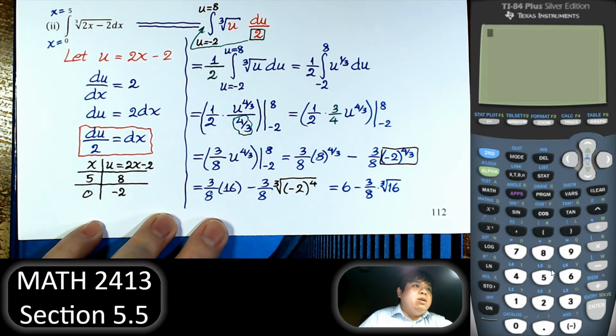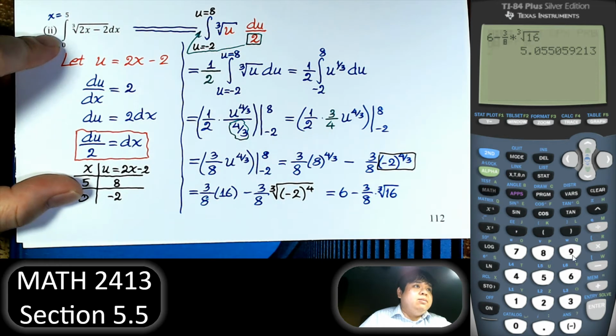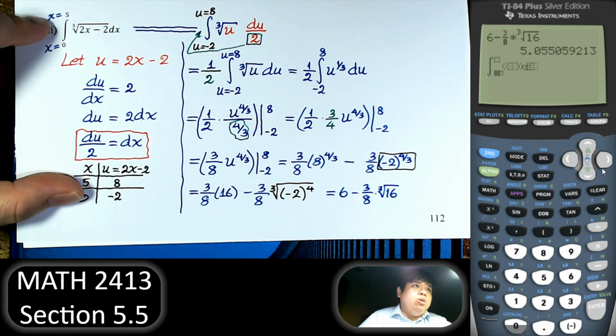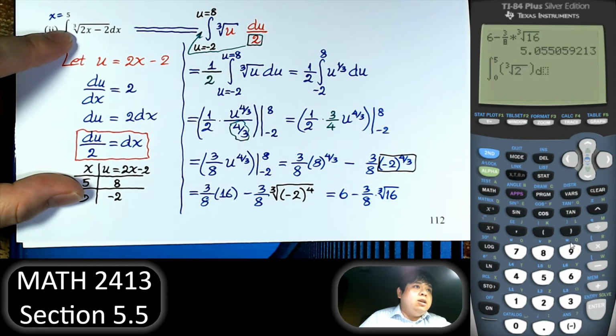Sorry, that's terrible. 6 minus 3/8 times, if we go here and use this option instead, cube root of 16. Right. Now let's estimate to see if this is the answer we have. Going from 0 to 5, the cube root of 2x minus 2 dx.